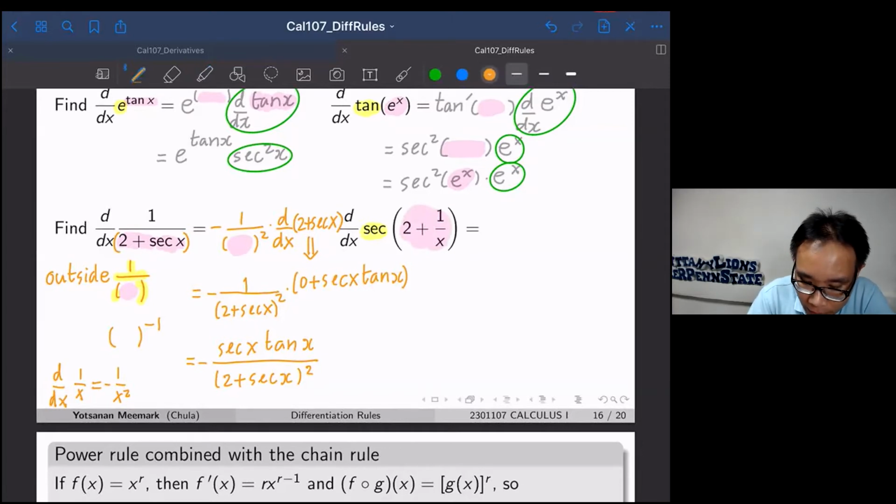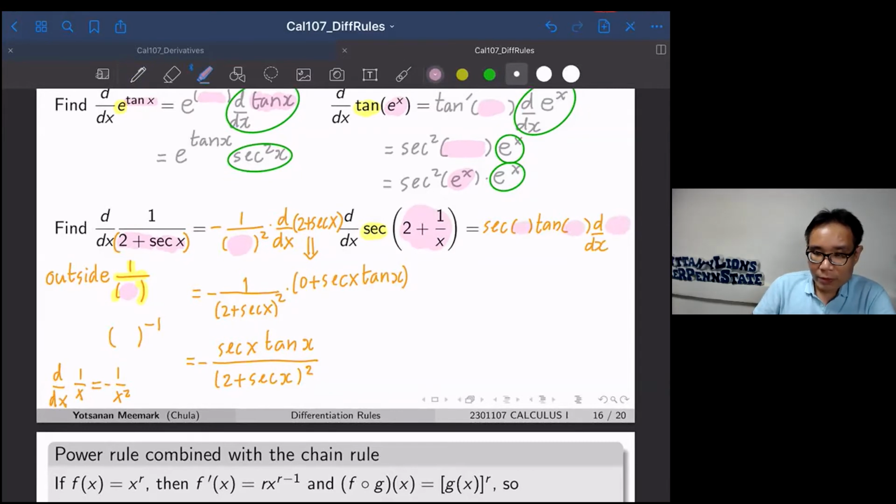It's going to be sec something tan something, and you're going to have d/dx of that thing. So it's going to be sec of the pink guy, tan of the pink guy, and d/dx of the pink guy.